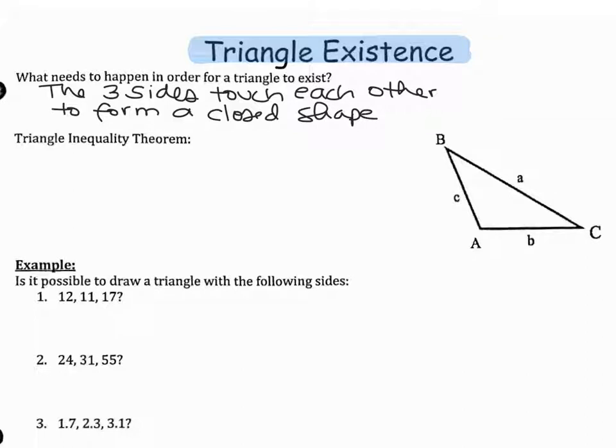So the 3 sides have to touch each other in order to form a closed shape. This side and my third side all must be touching to keep my closed shape.